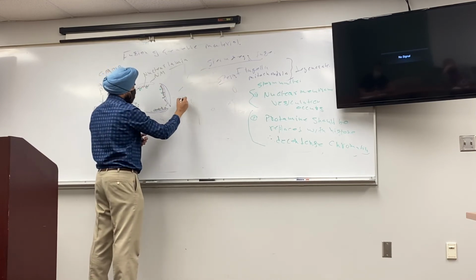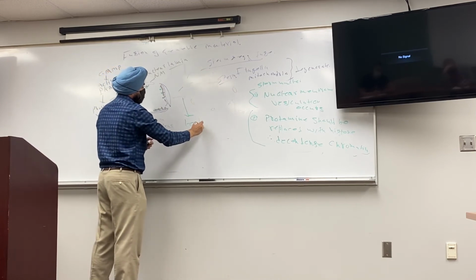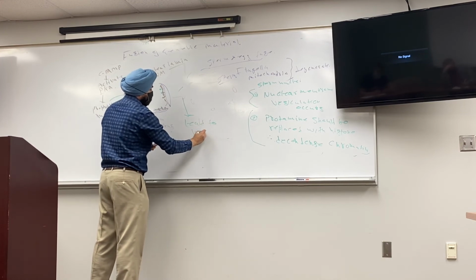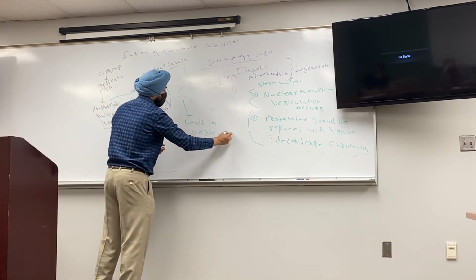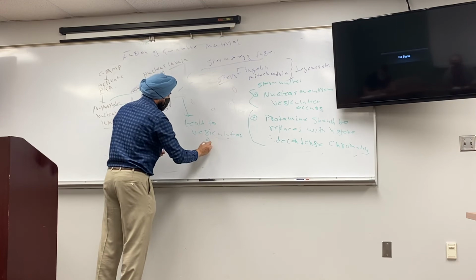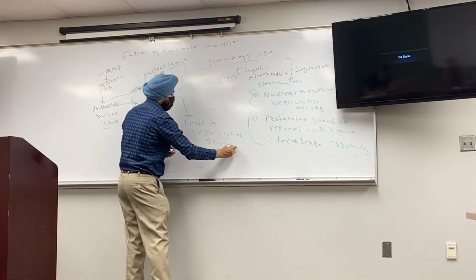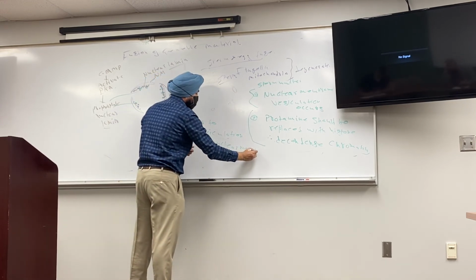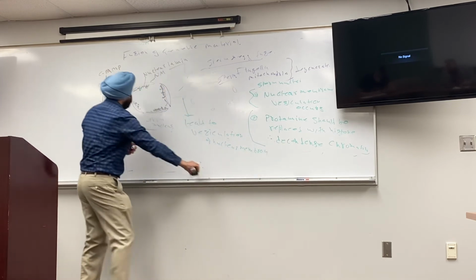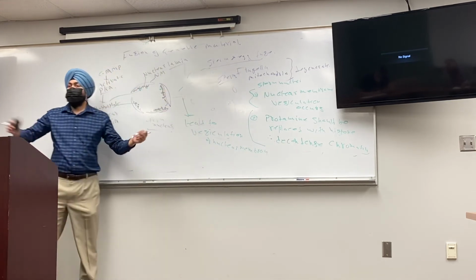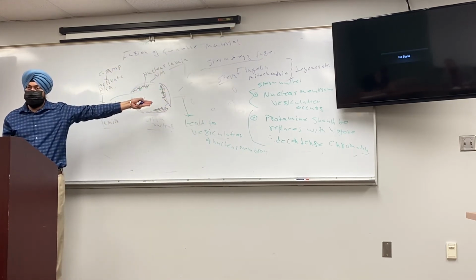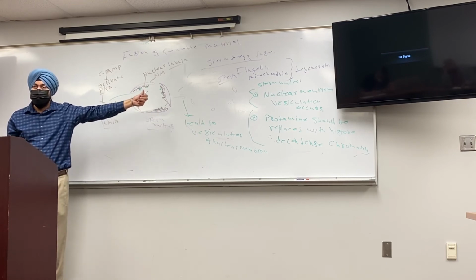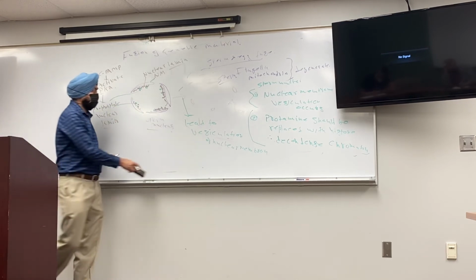So this leads to vesiculation of the nuclear membrane. Essentially, there is no nuclear membrane now. It forms small vesicles in the cells. Okay? So now what do you have?